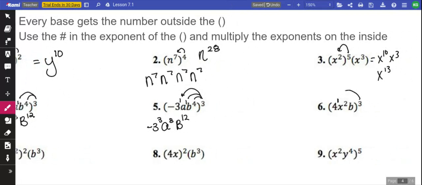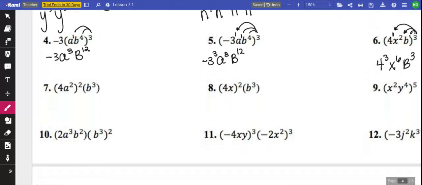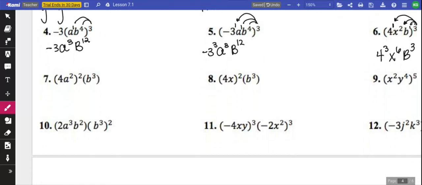I'm going to distribute this to everything inside the parenthesis, so it's 4 to the third, x to the 6th, b to the 3rd. On number 11 here, it's a double distribute. So negative 4 to the 3rd, x to the 3rd, y to the 3rd, and then negative 2 to the 3rd, x to the 6th.